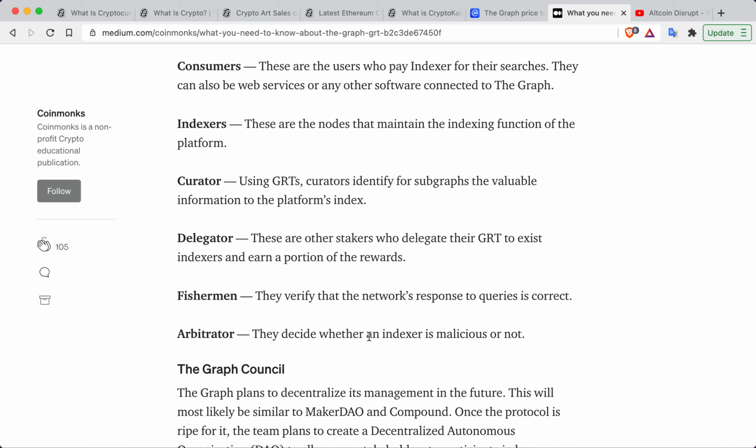Arbitrator, they decide whether an indexer is malicious or not. So it works like a real judge. Delegator, these are other stakers who delegate their GRT to indexers and earn a portion of rewards. Interesting. So it's sort of like someone who overlooks staking, or a group of people who volunteer to overlook staking. And the list goes on, guys.